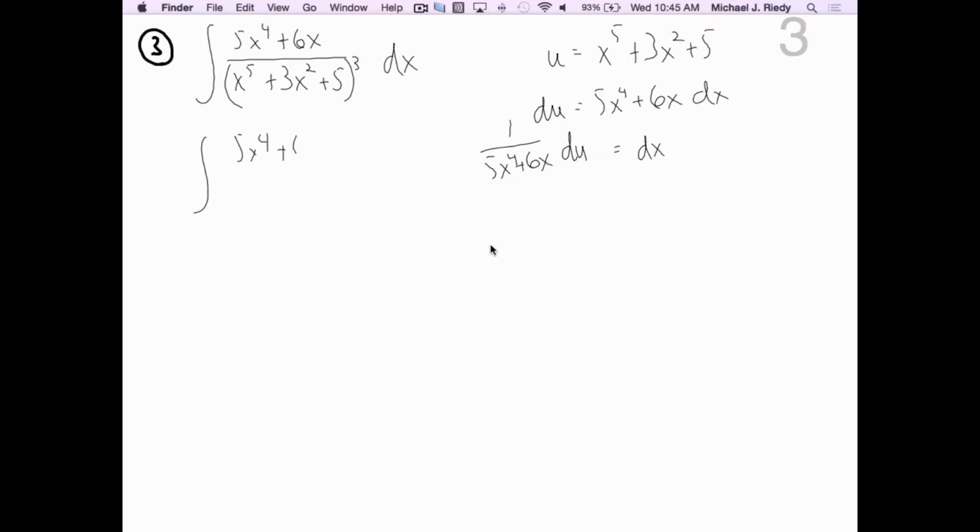5x to the 4th plus 6x over u cubed times 1 over 5x to the 4th plus 6x du. The integral of u to the negative 3 du. Now, I will say the nice thing about u-substitution problems is that once you do the substitution correctly, the antiderivative is pretty easy. Wait, Mr. Reed, did you never do that?